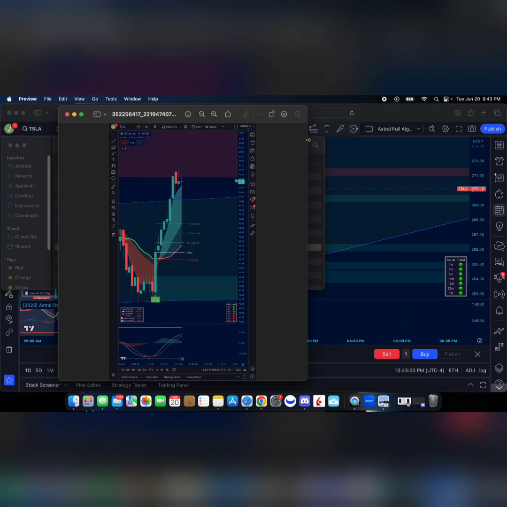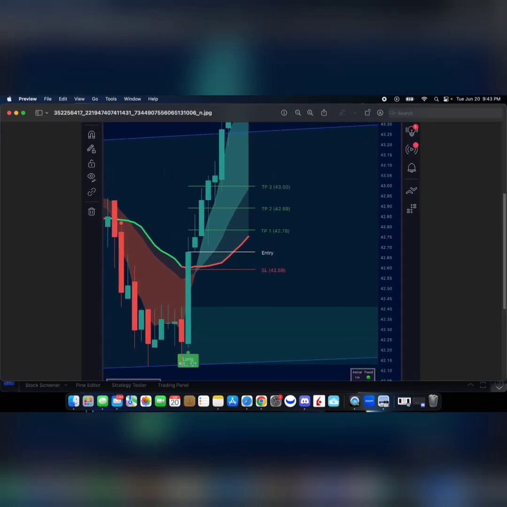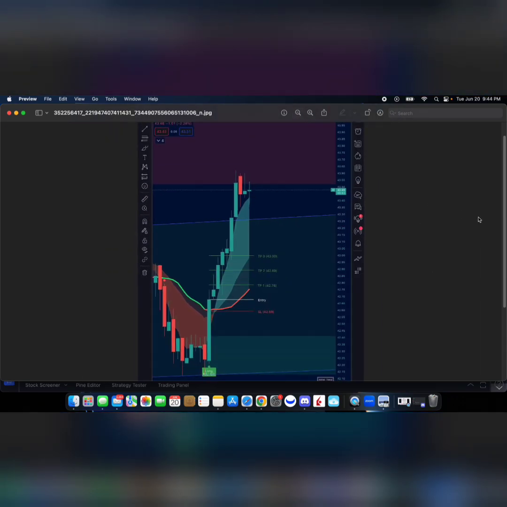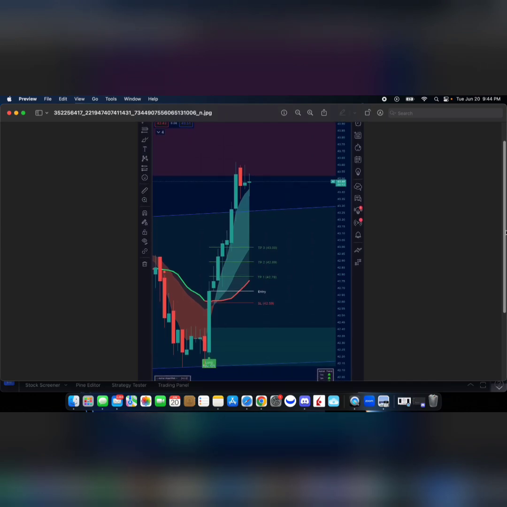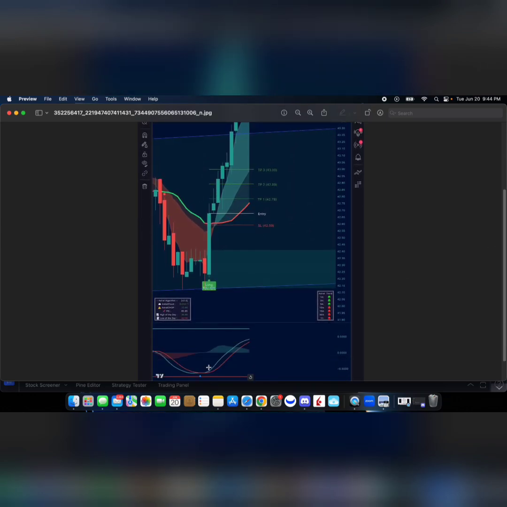This is AI. Let me just zoom in. Yeah, this is AI. This is earlier today. Crosses over Astral MA. Look how much it crossed. You got that little signal. It was way before you even got this long signal.